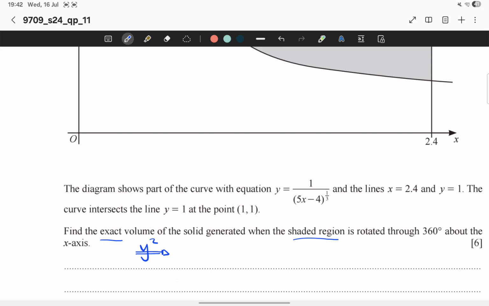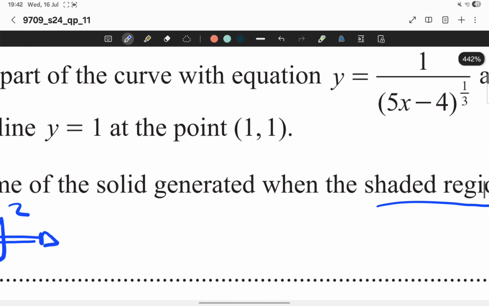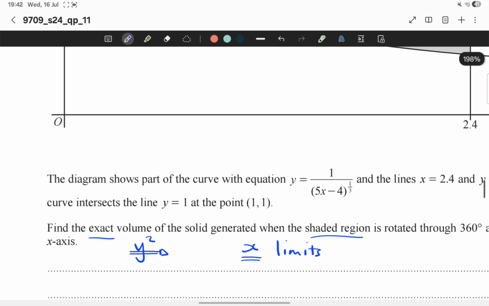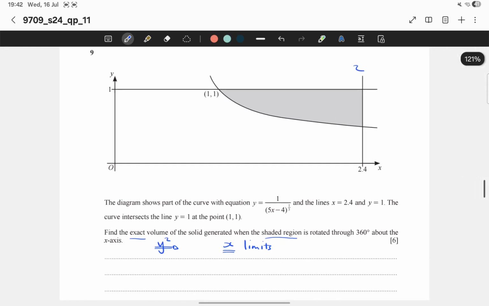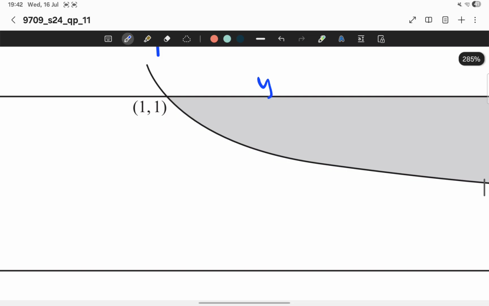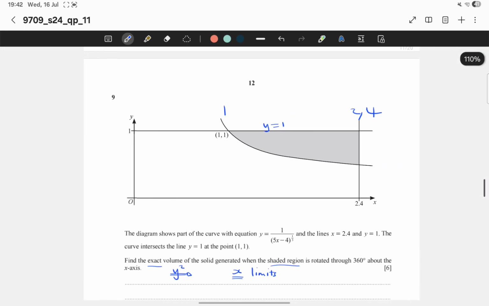And because they said the shaded region is rotated through 360 about the x-axis, we're using x values as our limits. In this case, we have 2.4 and 1. If you look at the shaded region, it's enclosed by y equals 1 and the curve.